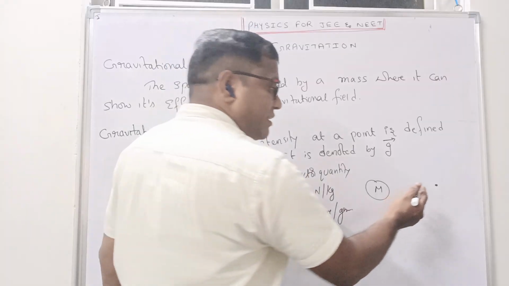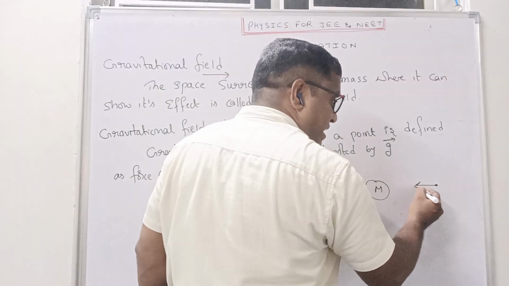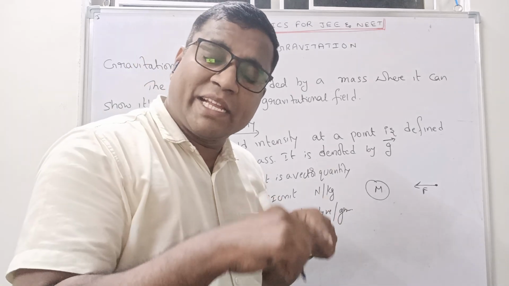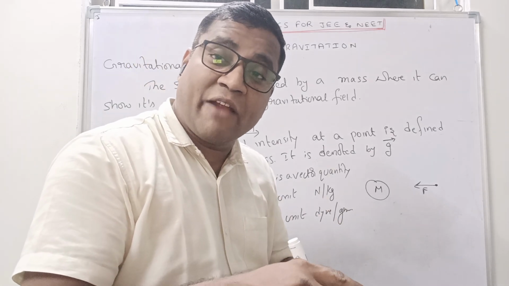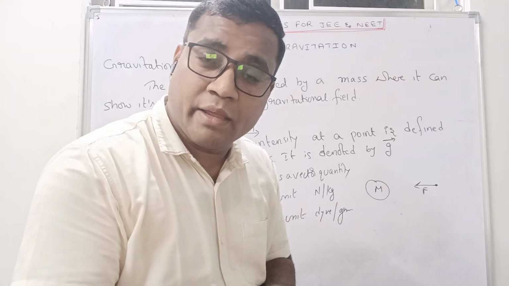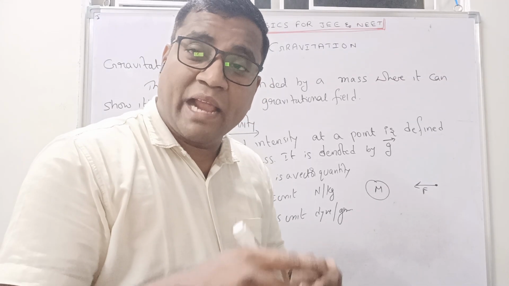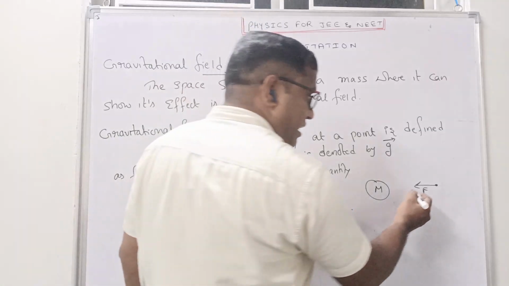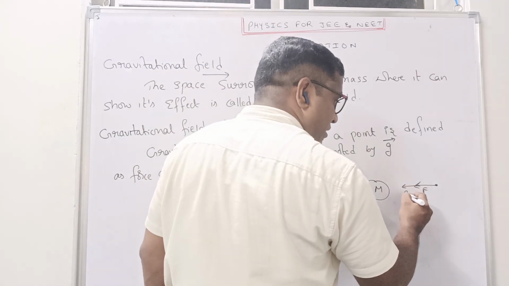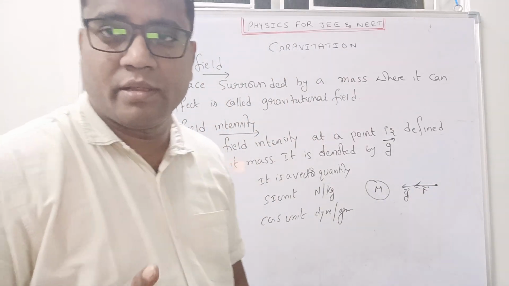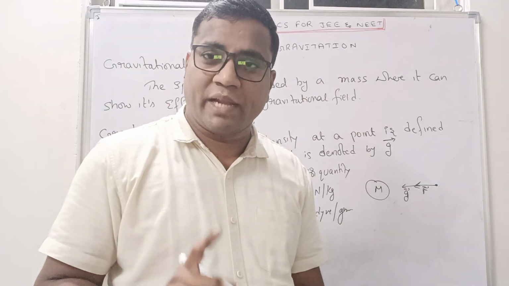So here, at that point, gravitational force is in this direction. Right? So only in the direction of gravitational force will the gravitational field intensity be there. That means in this direction only. So it is a very, very important point. Clear? I hope you understood, right?